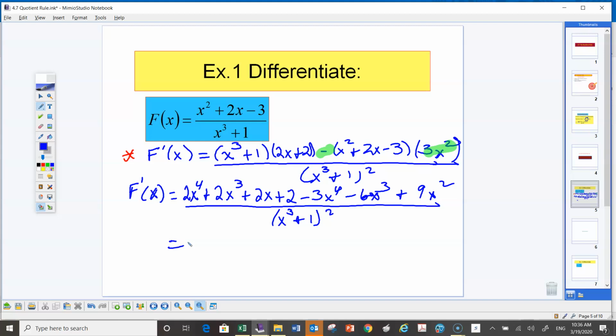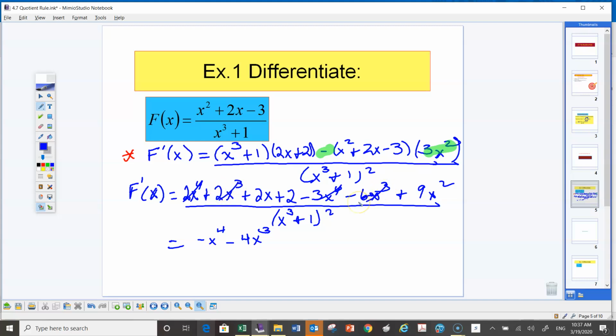Finally, I'm just going to collect like terms in my numerator. So I have a 2x to the fourth and a negative 3x to the fourth. So that will end up being a negative x to the fourth power, so that gets rid of those. I have a 2x cubed and a negative 6x cubed, so that will be a negative 4x cubed.